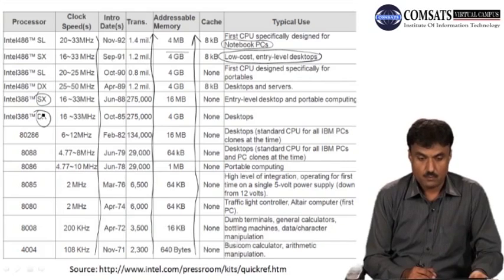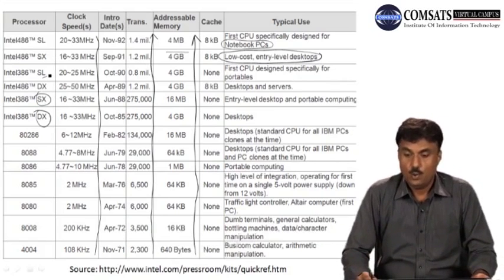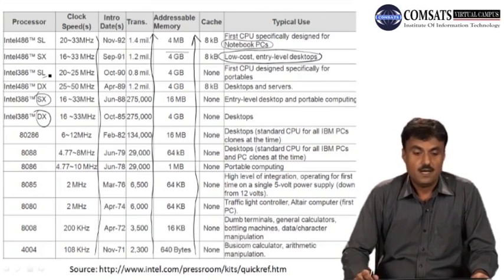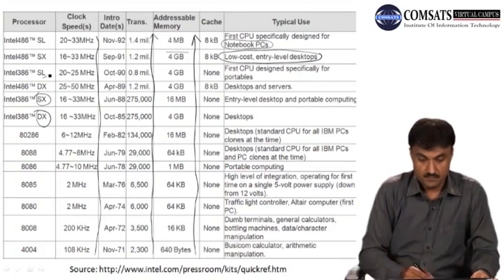The L here represents low power. So these are the processors that use single and double words for data computation and for their internal registers and so on.